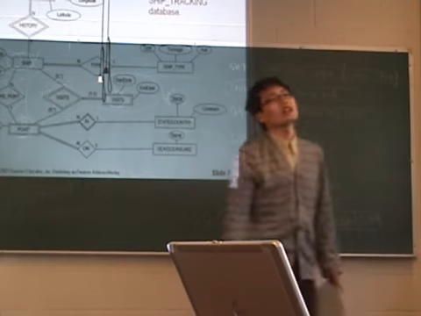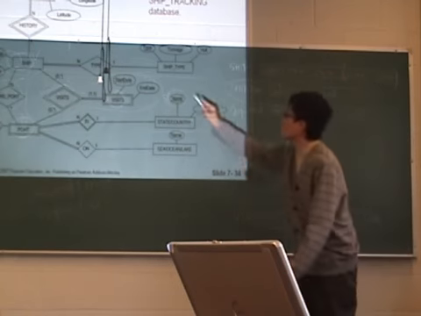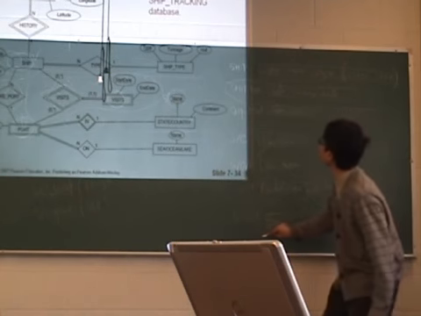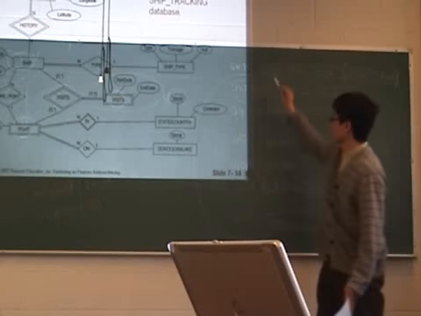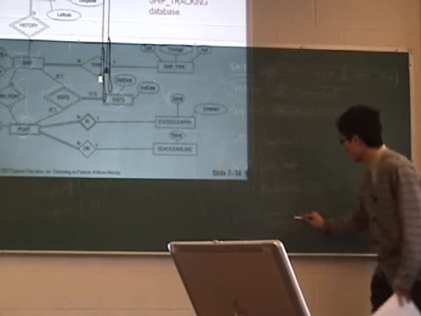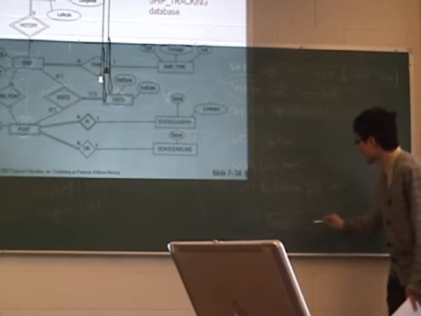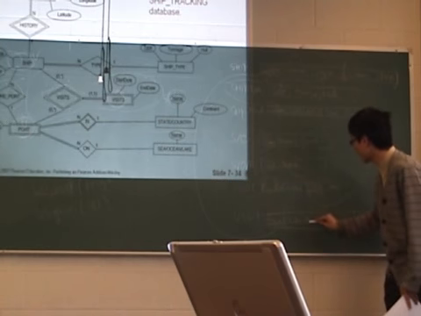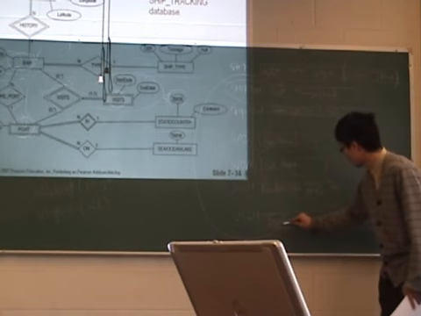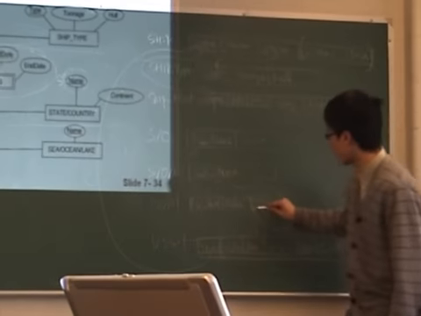Then, what is the key of ship? It's the S name. This one should be in this. Then, what is the key of port? Port is SC name. And this one is P name. So this one is for this one.